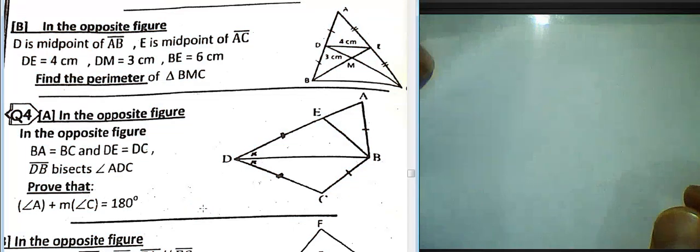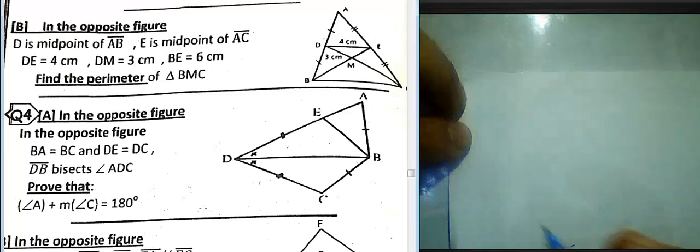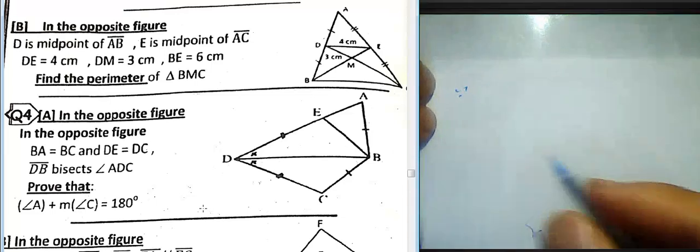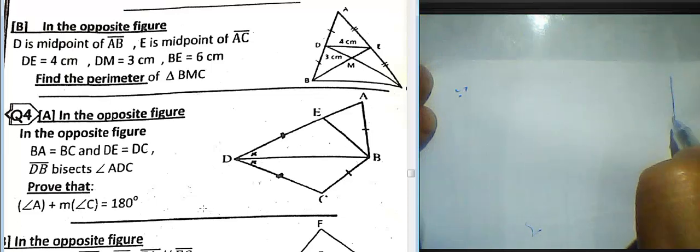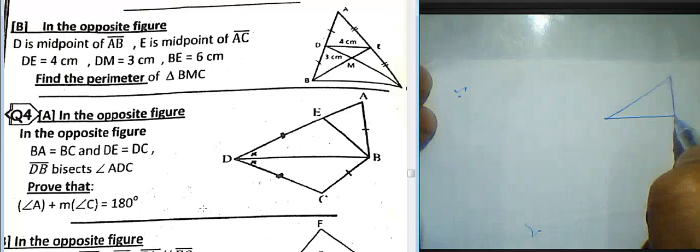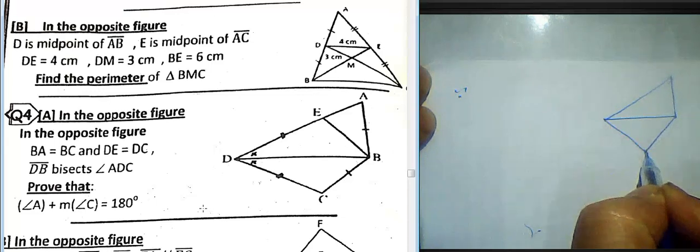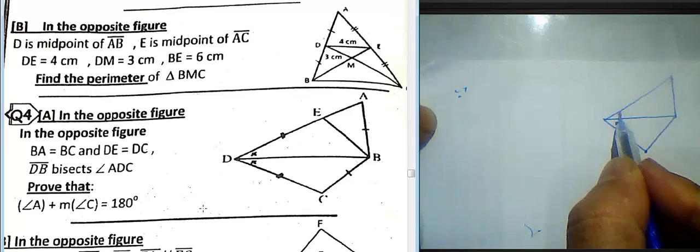First, we know about two triangles. Look, it's a very important question. Okay, we have a triangle here and two sides here equal in measure, and this angle will be equal to this angle.